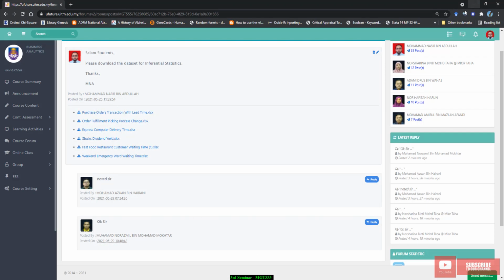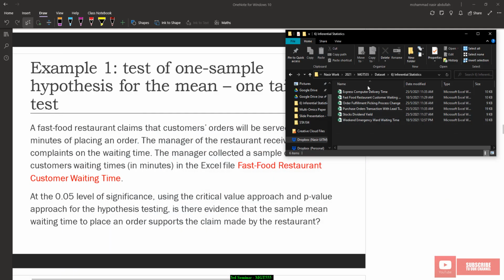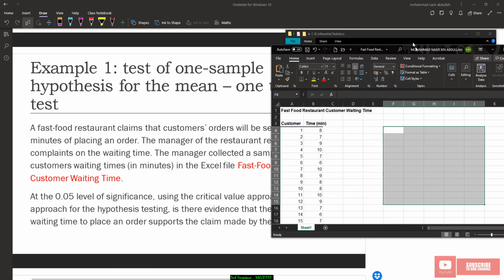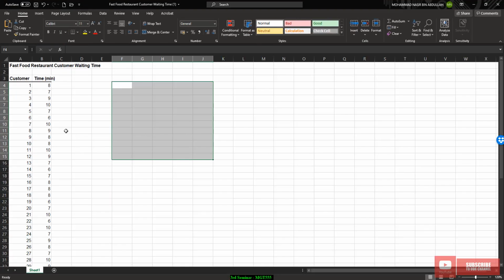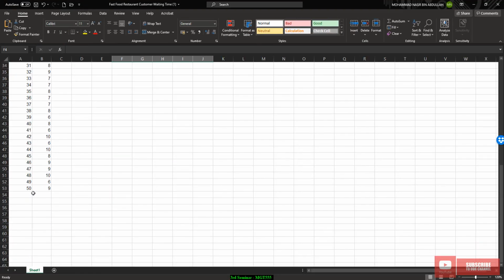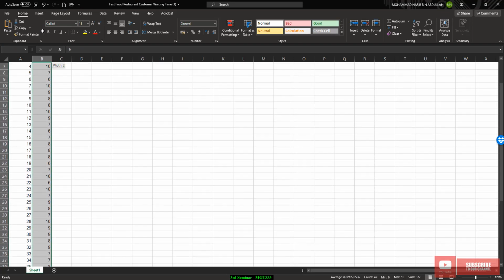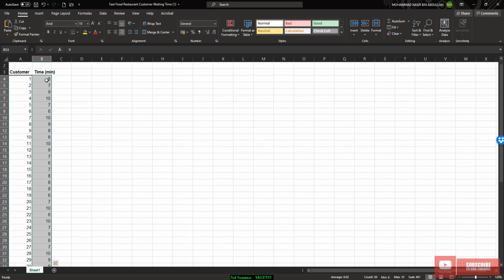We will use the fast food restaurant customer waiting time 1 data. Make sure you download and open the data. So this is the data. How many data points do we have? We have 50 data points.